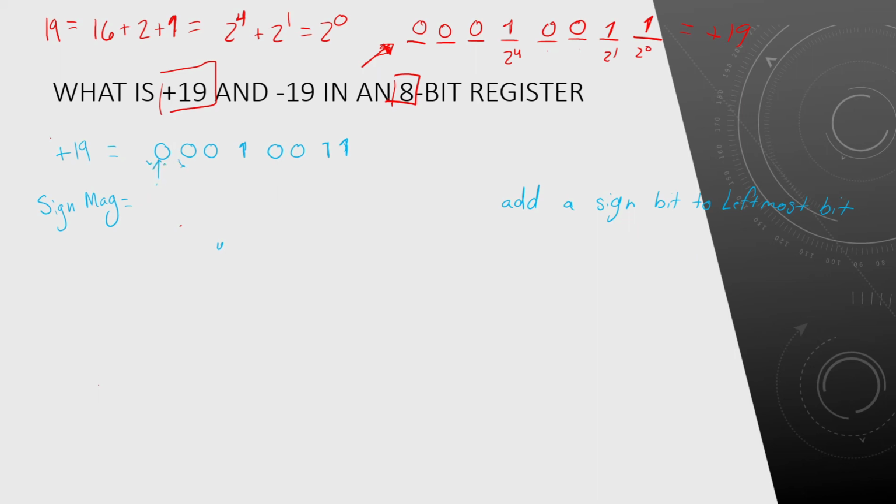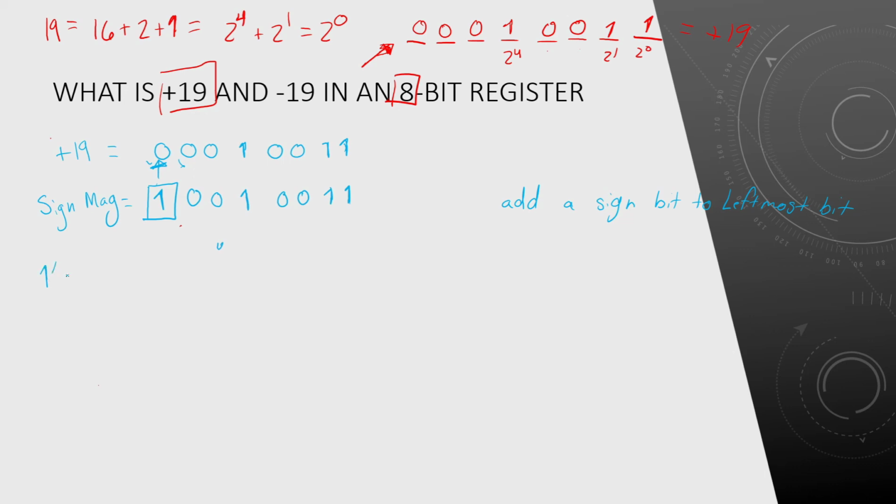So this leftmost bit, we're going to make a 1 because that corresponds to negative, and that's it. We do the same exact thing. Alright, that's it for sign magnitude. You just add this sign bit. You change it. 1 corresponds to a negative.